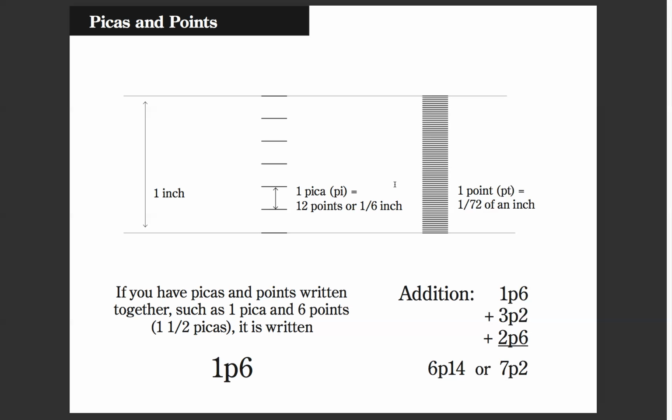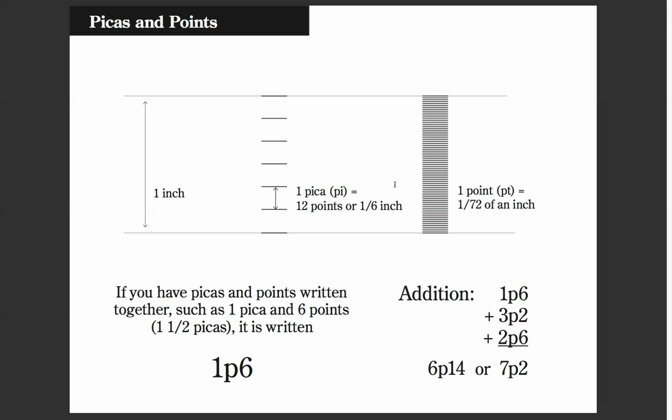So, for those of you who can't see so well, 1p6. And then if we go to add these, how many people in here actually remember what base 12 is in math? I know you all had it at some point in your math history. Base 12 means that you count all the way up to 12, and at 12 it is the same as 1.